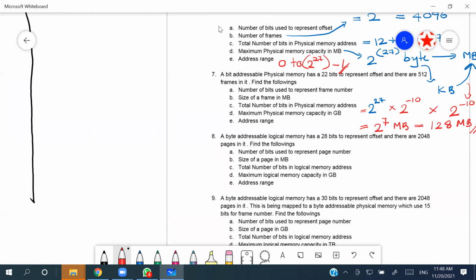So here in the 7th one, we are talking about a bit addressable physical memory that has 22 bits to represent an offset, and there are 512 frames in it. So how are we going to draw the sketch over here?